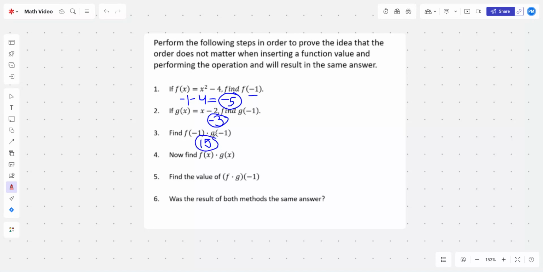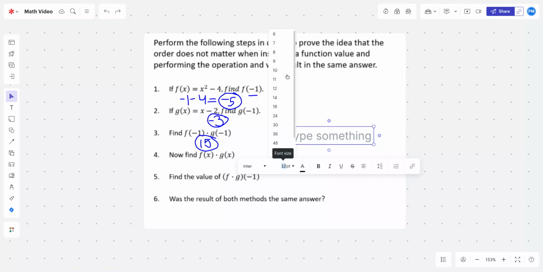Alrighty. Now it's saying find f of x times g of x. Now this is a little longer. I'm going to use a text box here. So f of x, we're not given the value of x anymore, so we need to take this equation.